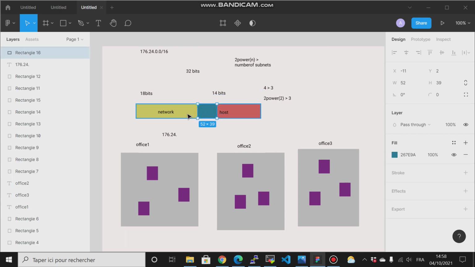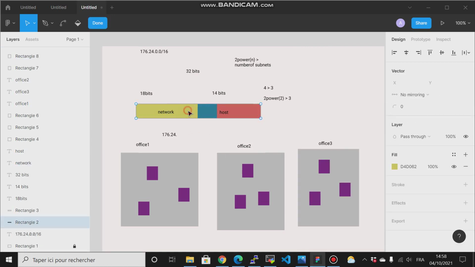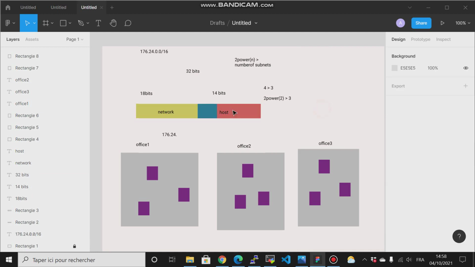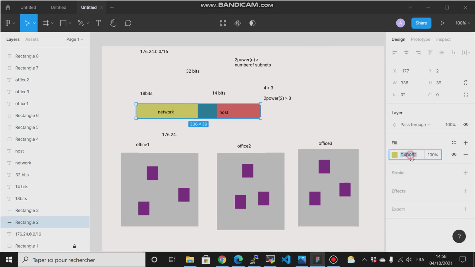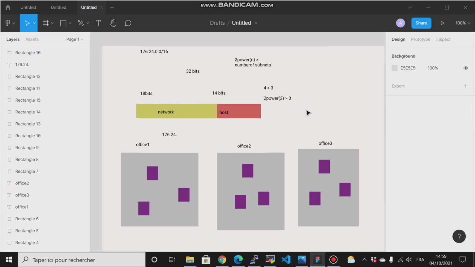Then all this portion will be yellow, as here, and then paste it here. So as you can see, the portion of the network changed, and here we have only 2 bits, right?